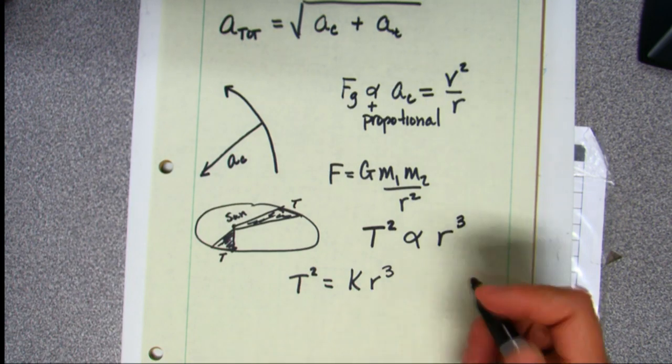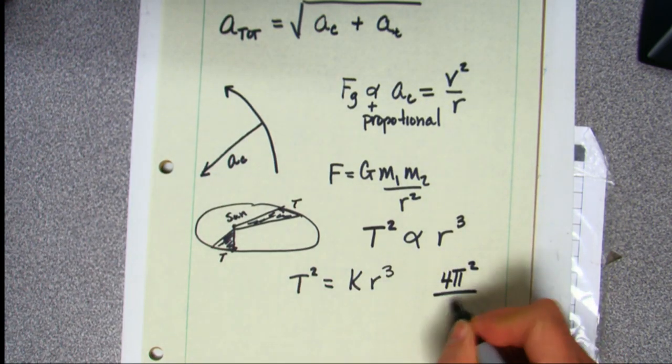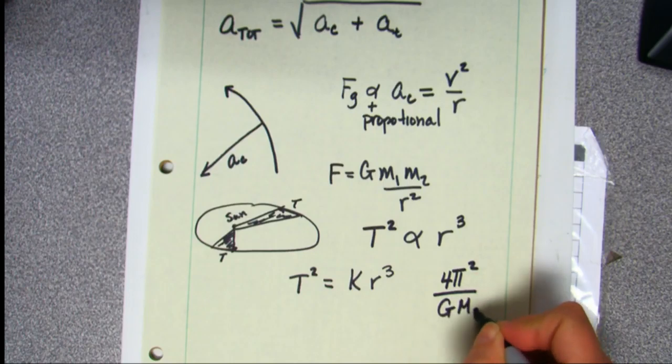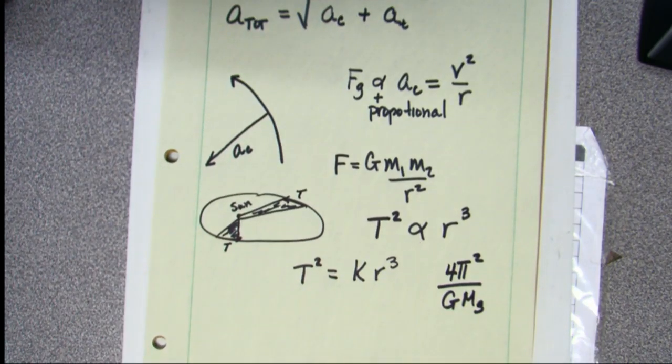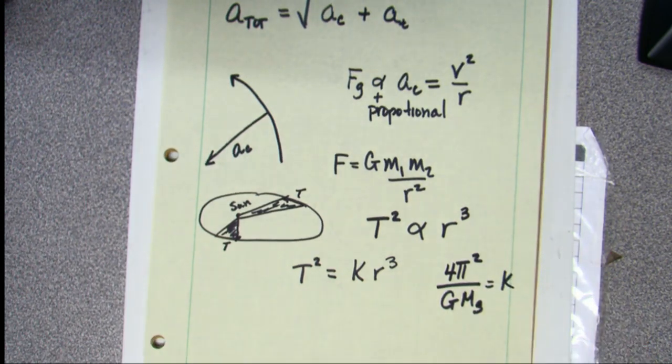And it turns out that this big constant k becomes 4 pi squared over big G m of the sun ultimately equals our k. That's what it turns out to be. But we're going to look at this a little differently and kind of show how this works out.